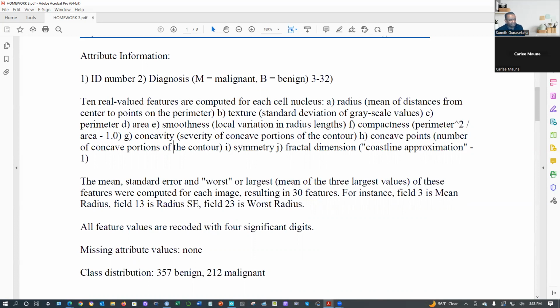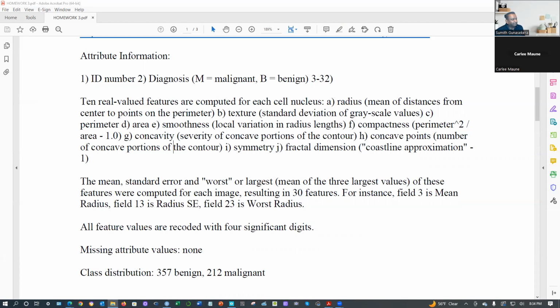Let's say the radius has been measured several times for each patient and we got the mean, and that particular patient's standard error, and that particular patient's mean of the 3 largest values. Pretty much in the same fashion we did that for so many patients. So 3 times 10, 30, 31 variables we have, plus that ID number.